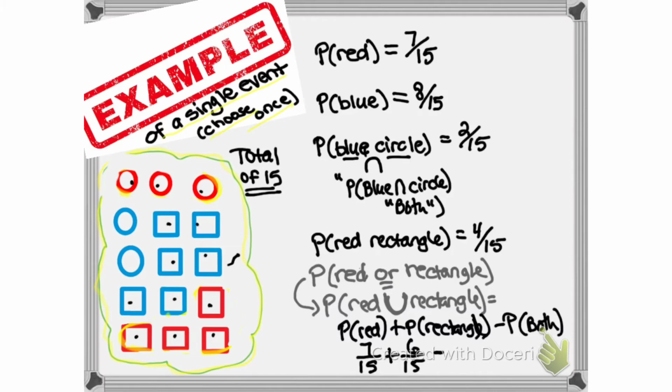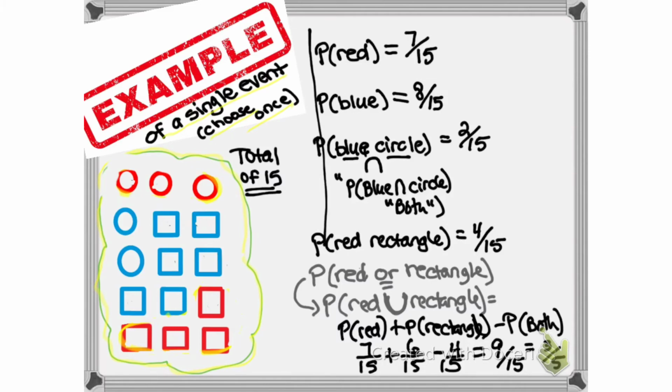That would be 1, 2, 3, 4: 4 out of 15. Then that would add up and give us the final answer, which is 9 out of 15. Please note that this can be reduced by dividing them both by 3. I would get 3 out of 5. It's the same thing.